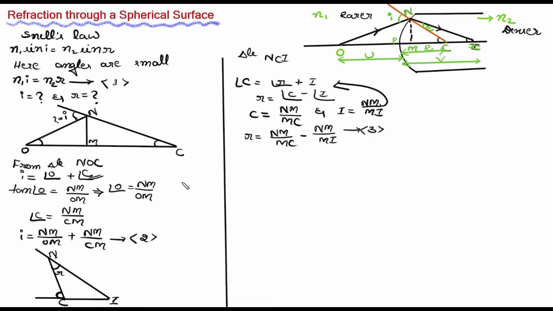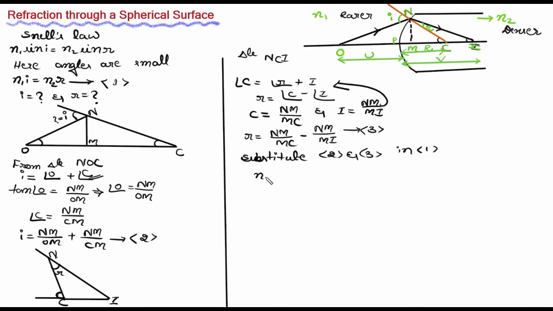Alright. So, we have calculated the values of R and I. Now, we need to substitute these values in equation 1. Substitute equation number 2 and 3 in equation number 1. I will first write equation number 1.